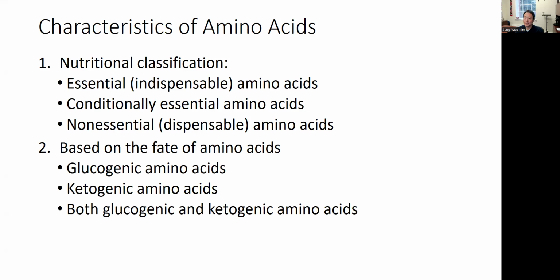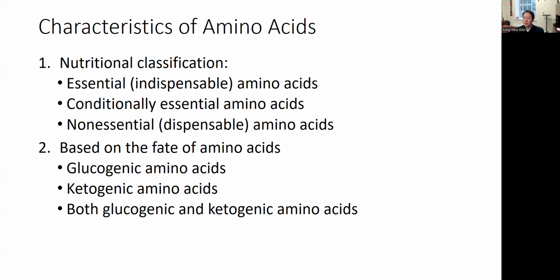There are at least 20 amino acids that you can see as a part of protein. There will be a few more that we can talk about, but among those, some of them are considered or grouped as essential amino acids.